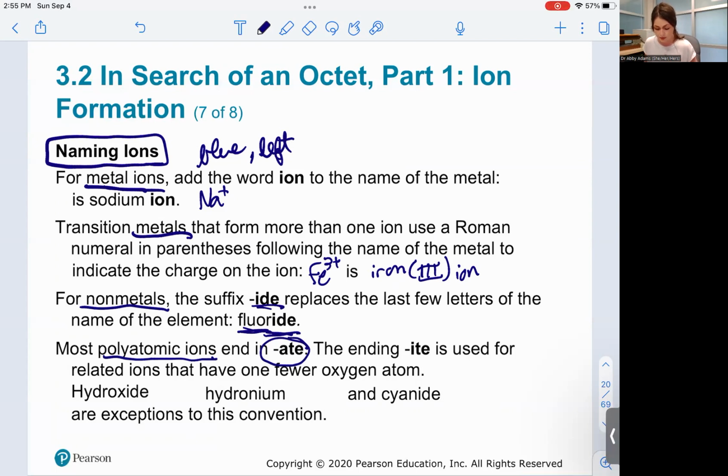You're going to see some examples of that, and some are going to end in ITE, ite, and that means that they have one fewer oxygen in the ion, right? So that's how those ions are related. So basically, if you have sulfate, you have SO with 4 oxygens, okay? But if you're going to have sulfite, right?